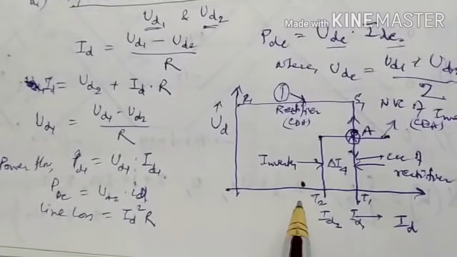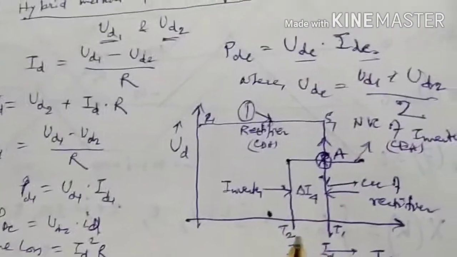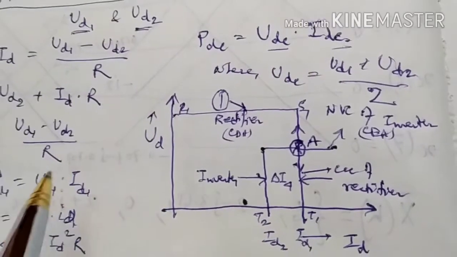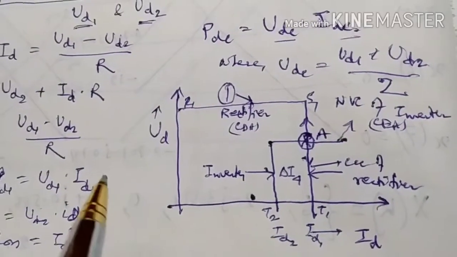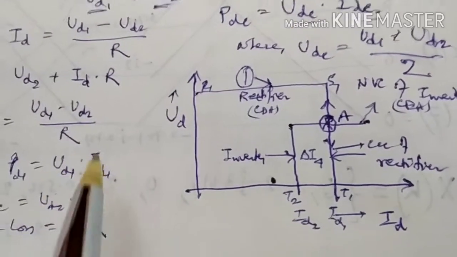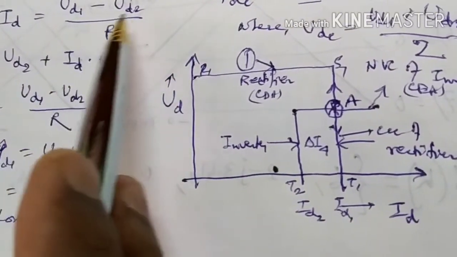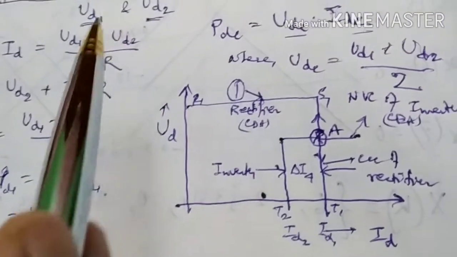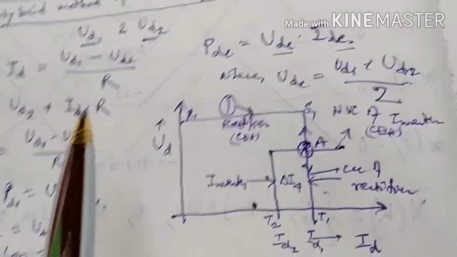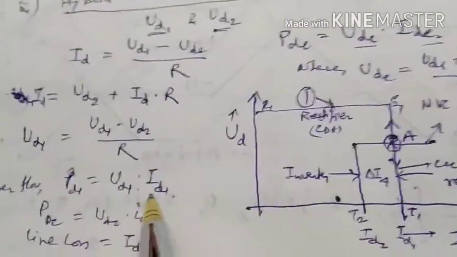So due to the small value of DC line resistance R and absence of reactance XL, a small change between UD1 and UD2 can bring about a large change in ID, and therefore in PDC also.